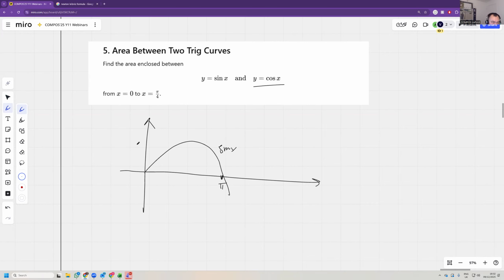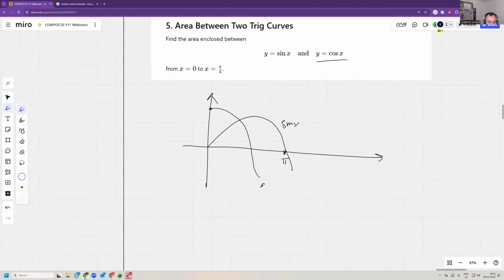And cosine x, that's here, like this. This is cosine x. And pi over 4, that's this point where they intersect, because this is pi over 2. And so we need this area.